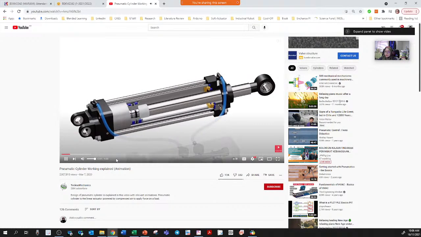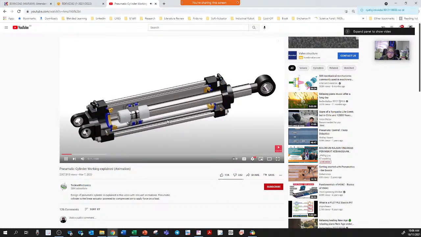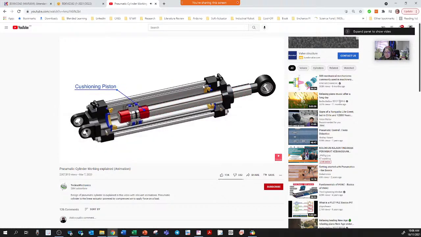Okay, basically, I'm going to explain this. What you see is the inside of a pneumatic actuator. Inside, you have the piston rod, which is either extending or retracting. Extending means it comes out of the actuator, lengthening the motion. Retracting means it shortens the motion.